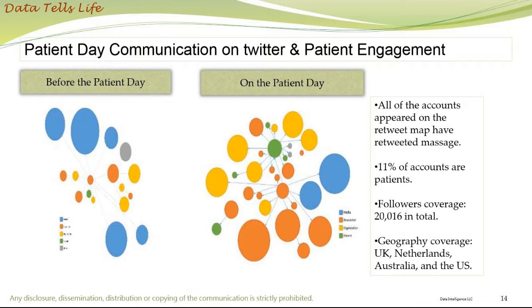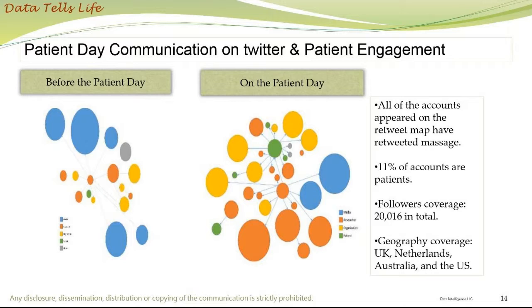We collected more people, and the green ball of the patients represents that the patients' involvement is much more than on the first day 2 weeks ago. We analyzed this data. There are 11% of our accounts that are patients. On the patient day, physically, fewer than 300 patients participated. And on social media, we covered more than 20,000 followers.